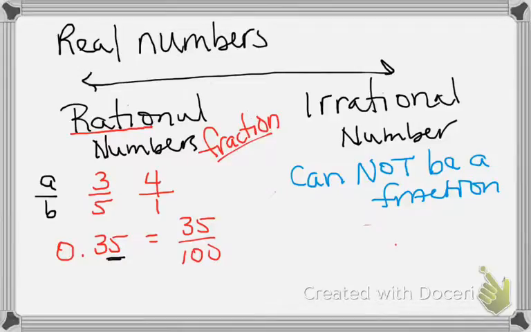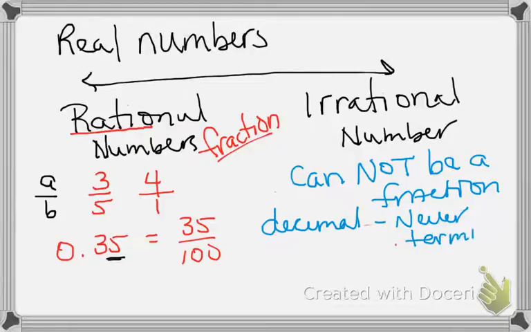Irrationals also, their decimals never terminate. And what does terminate mean? It means it stops. So the irrational numbers are decimals that never stop. They keep going on, and they do not repeat.